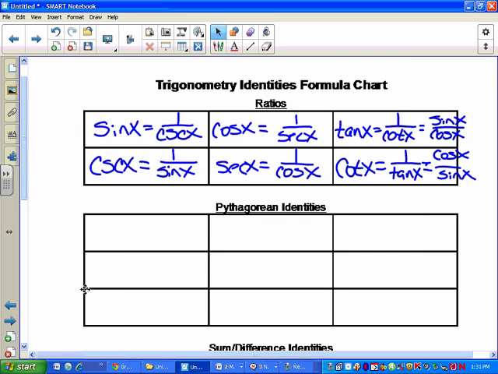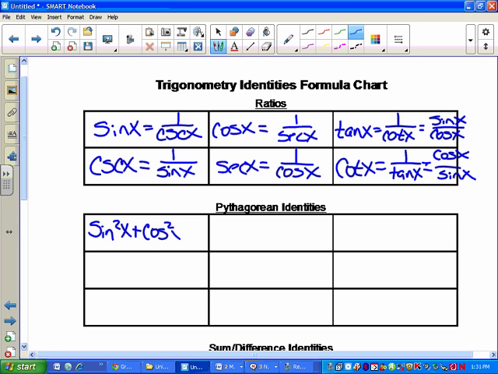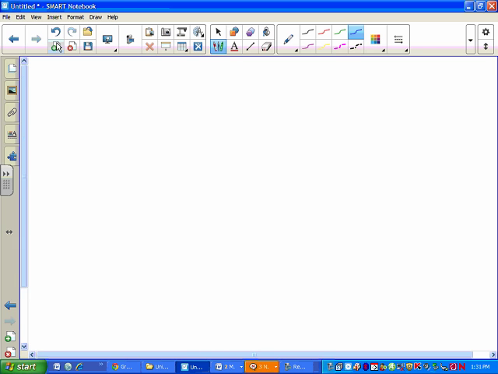Okay, so after that video, we know now that sine squared x plus cosine squared x equals 1 is one of our identities, right? I also want you to do some variations of that.